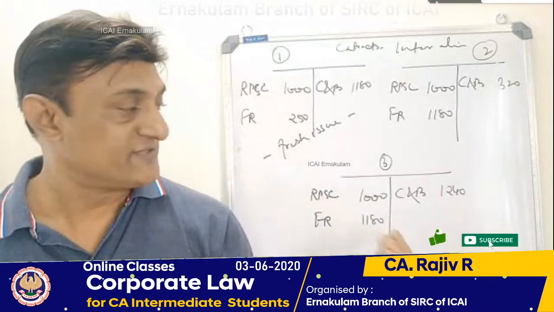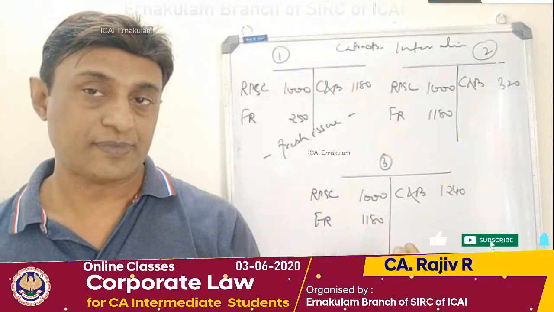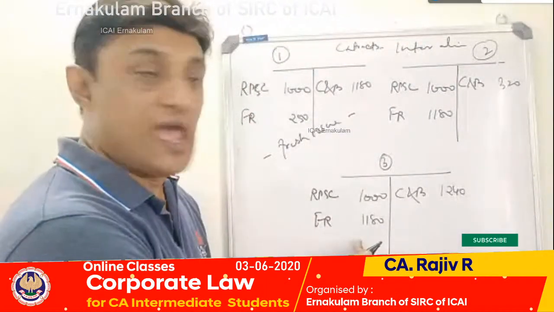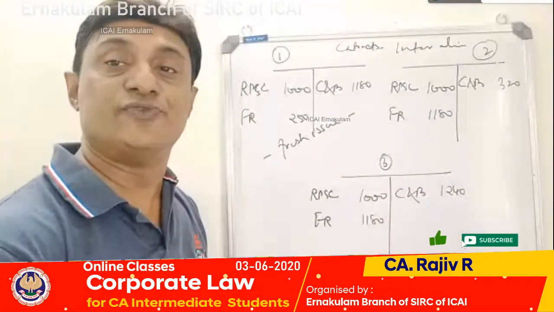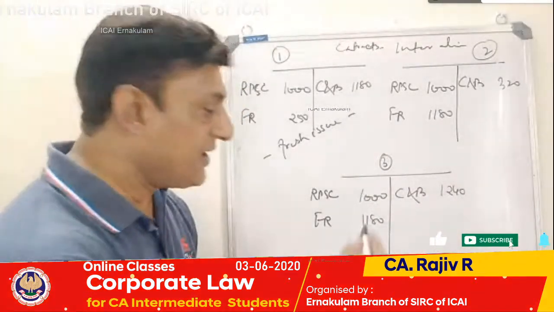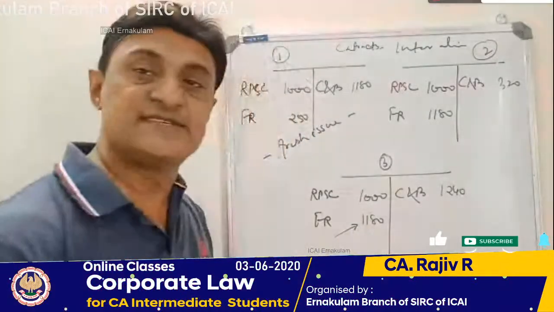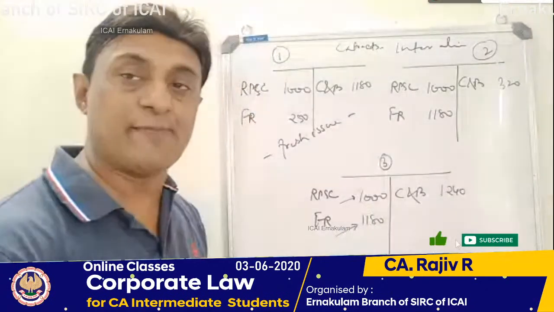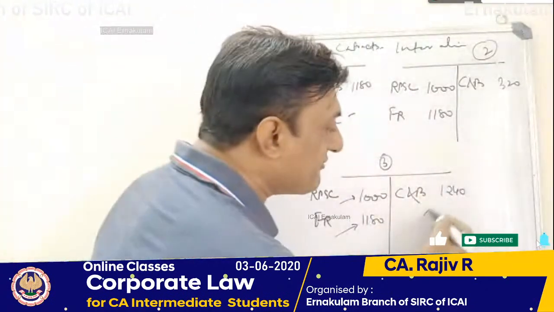And that is the case of this company. You have reserves of 1,180 and you have cash of 1,240. You can use the existing free reserves for the redemption of preference share capital because you have the money for it.